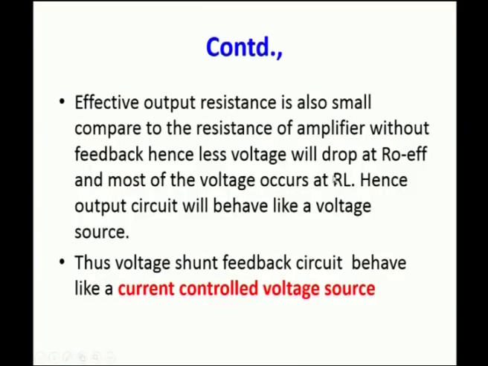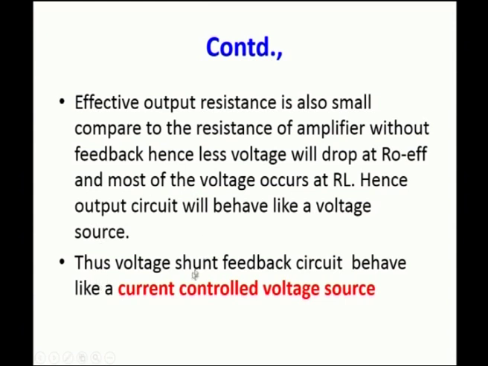We have to have this kind of action. So, we will calculate the output voltage across the load resistance. If we have a major part of the voltage across the load resistance, then that is the desired output. So, we can have a voltage source.